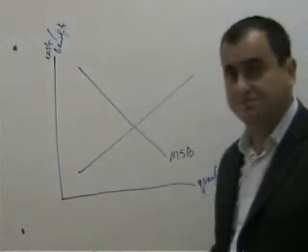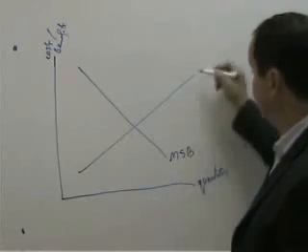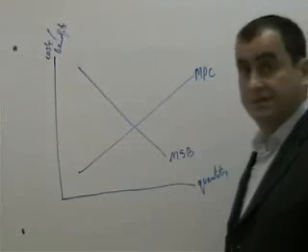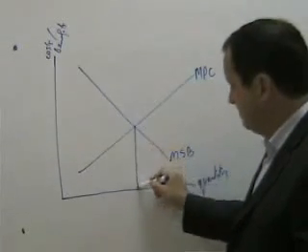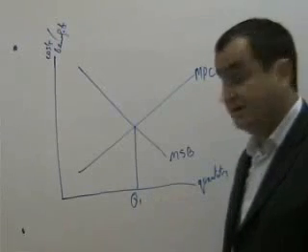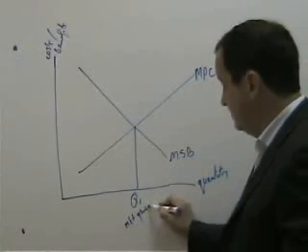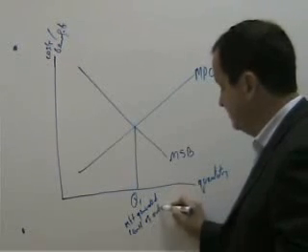There is no distinction between private and social benefits in a negative externality diagram, but there is a distinction between the costs. The marginal private costs, upward sloping, create an equilibrium point here, Q1, which represents the market-generated level of output.